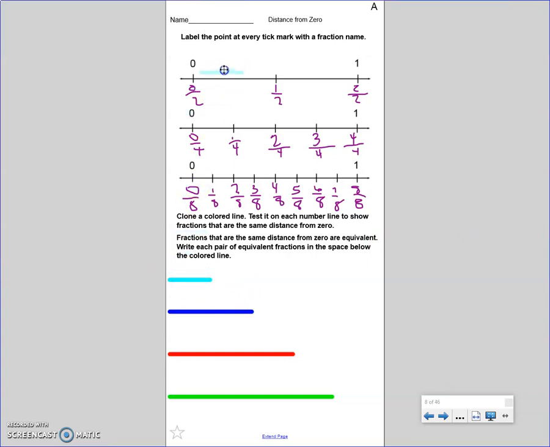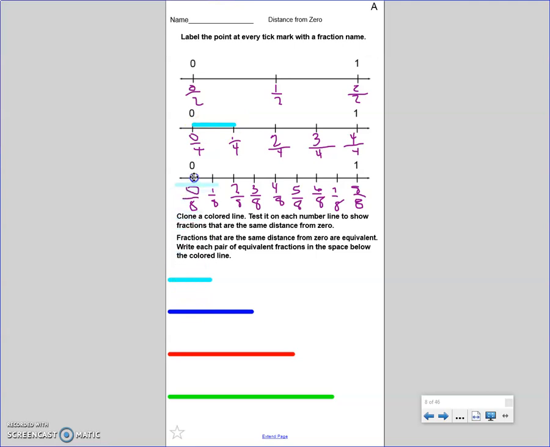When I look at the number line with halves, I can see that there are no fractions that are the same size as this light blue piece. So there are no fractions that are this size on the number line with halves. But if I go to the number line with fourths, I can see that, from 0, this is 1/4 of the number line.